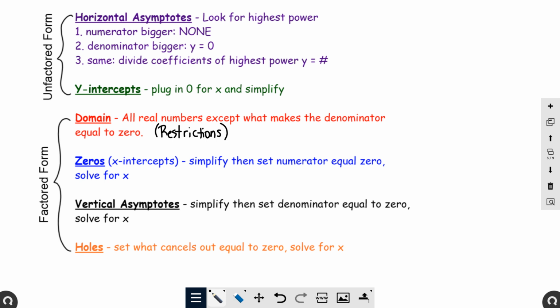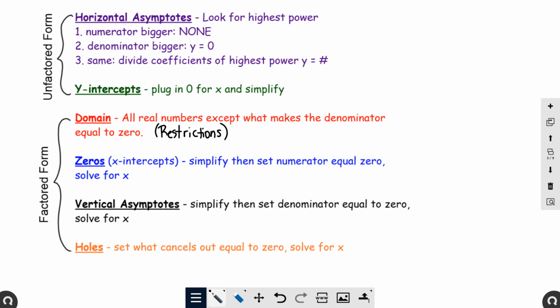Now zeros are the same thing as x-intercepts. So what's going to make a fraction equal to 0? When 0 is on the top, right? 0 divided by any number is 0. That's why it says to simplify first, then set that numerator equal to 0.